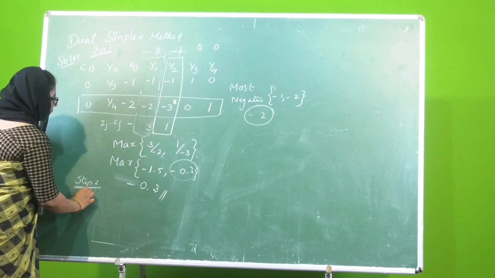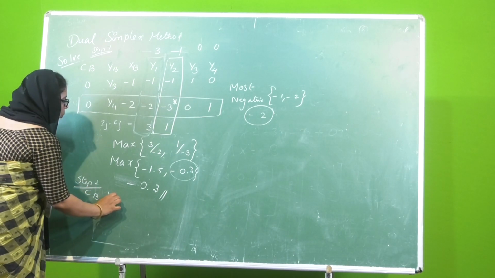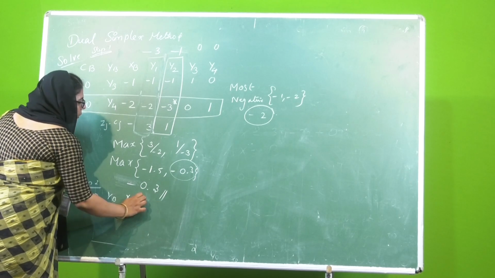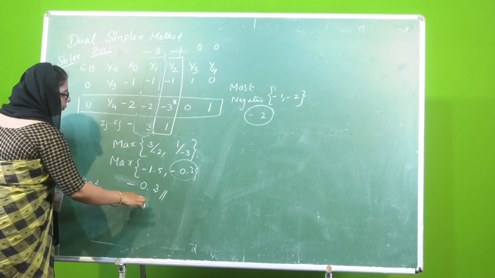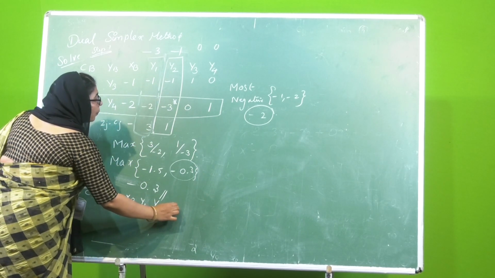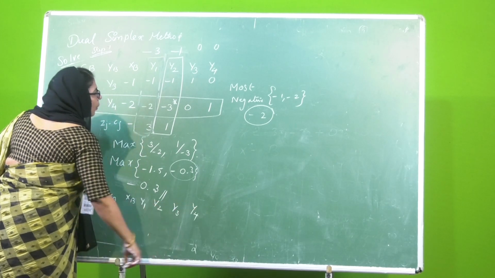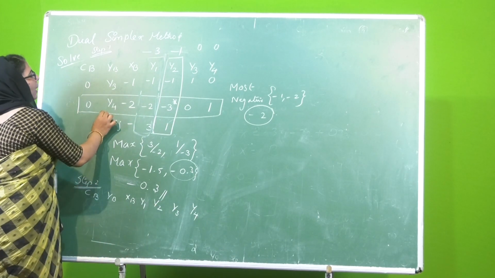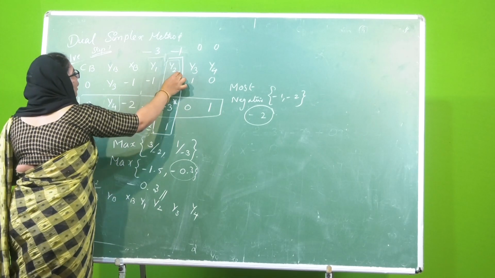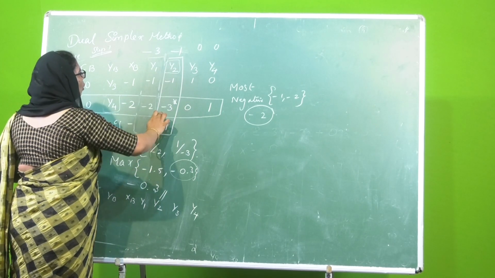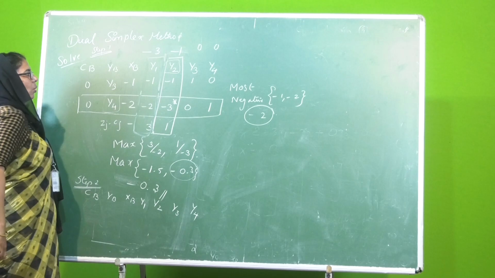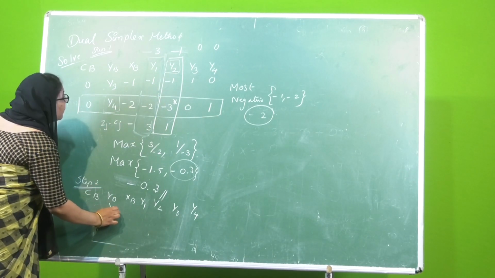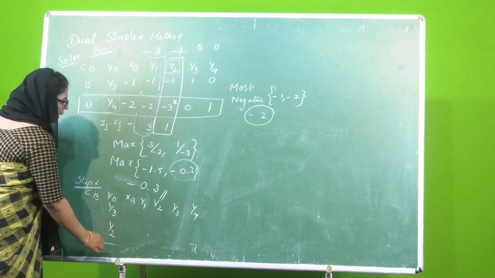So CB, YB, XB, Y1, Y4, Y3, Y4. So X4 leaves and X2 occurs because the row and column intersecting element column is Y2. So obviously in the next step Y3 and Y2 occur.